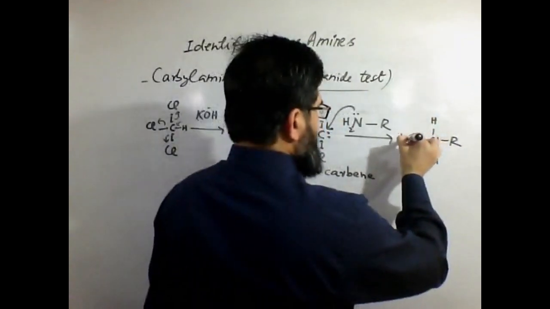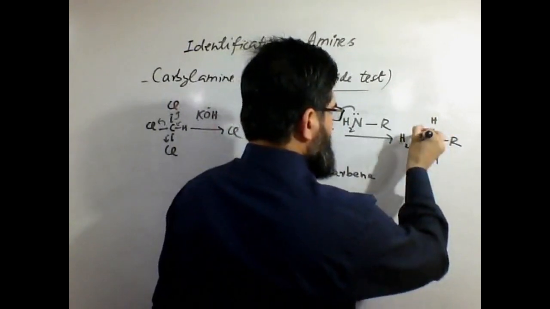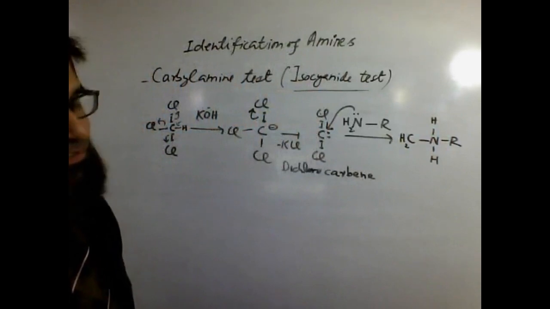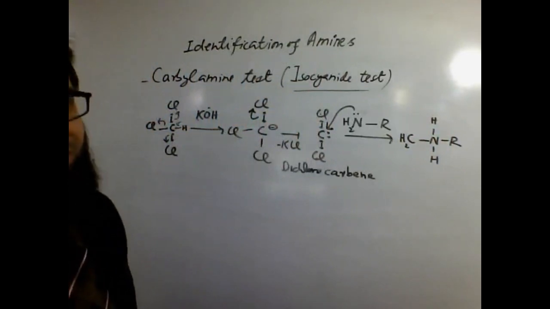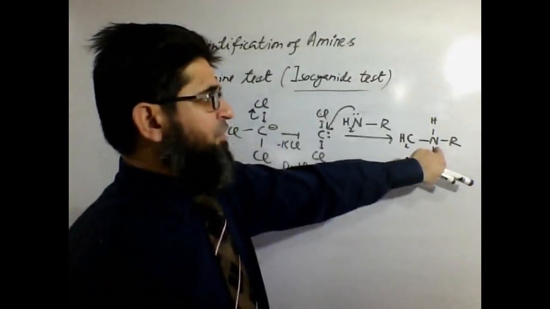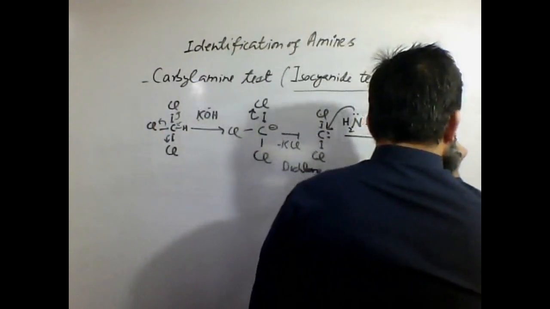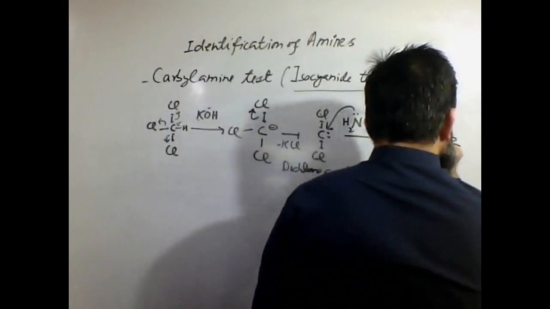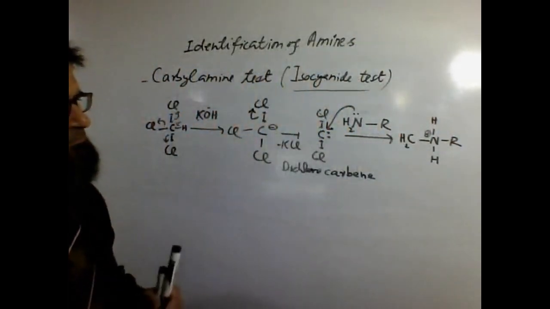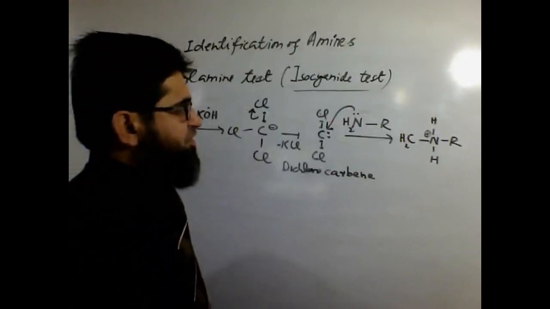Secondly, the carbon carries 2 chlorines as well, so it will look like this. What happens then, as the nitrogen has given the lone pair to the carbon, resultantly it got 4 bonds, so the nitrogen is supposed to be of a positive charge over here.